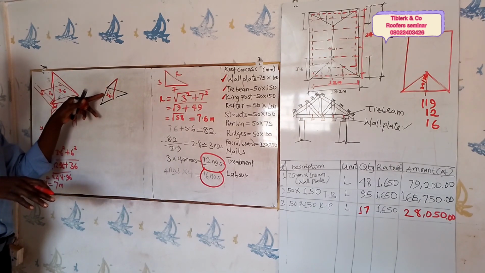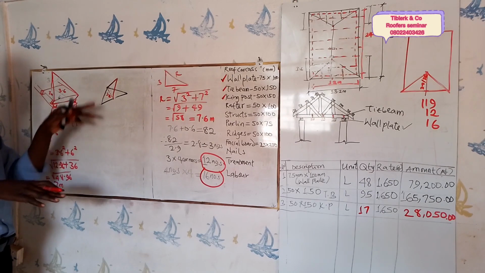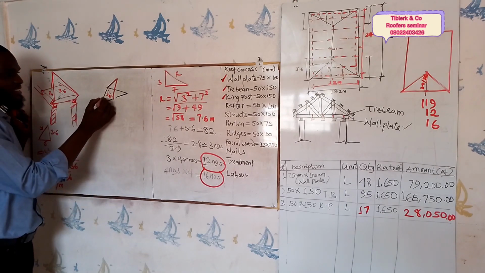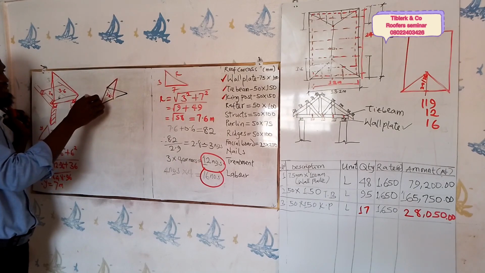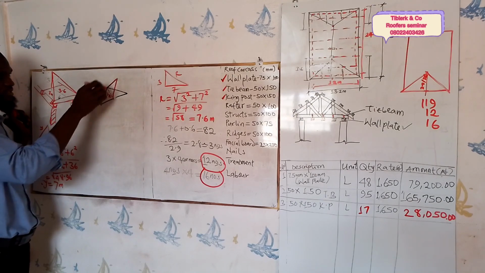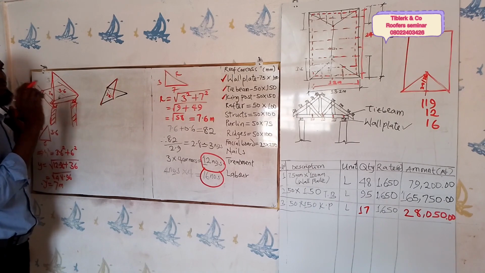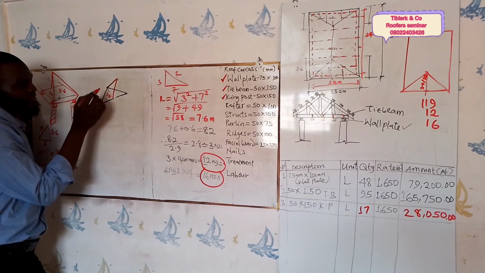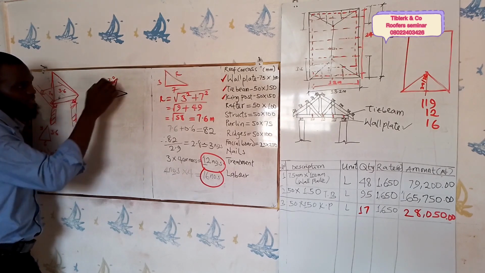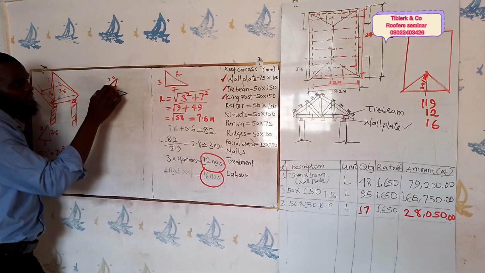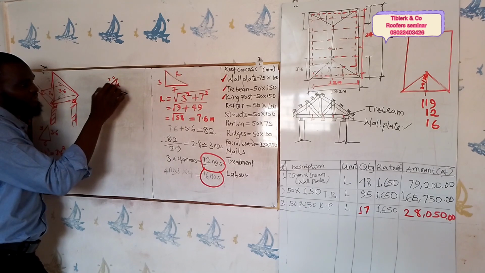Though there is no member here at the lower part, there is at the upper part, and there's another one that will come this way. There's a member that will come this way and this way. So we know this as well is 3.0. So we want this now.